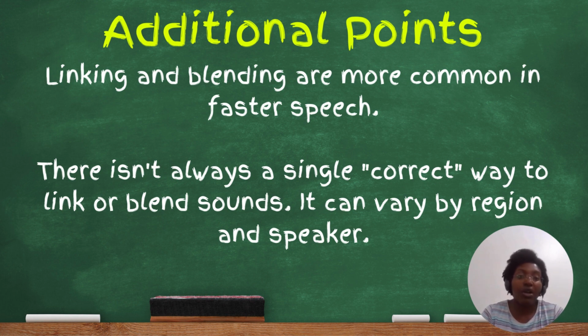They might have what we call a Southern accent or a Texan accent. It's because of how they link and blend words, in addition to pronunciation that varies also by region. So it just means there's no standard way to link and blend.